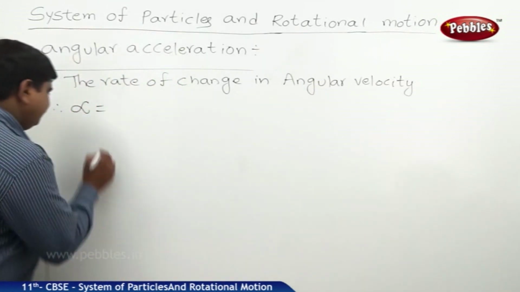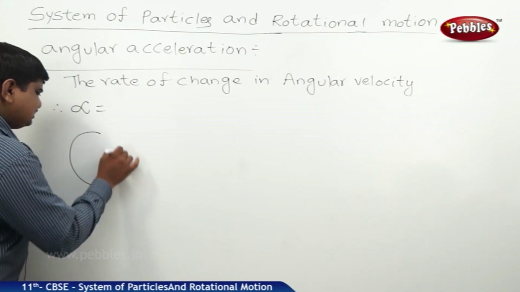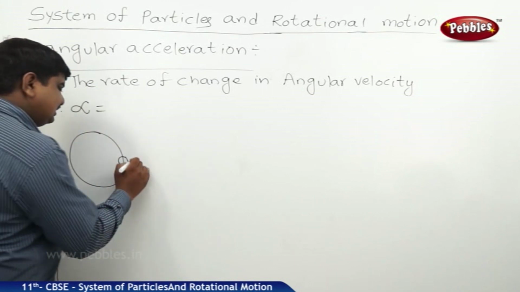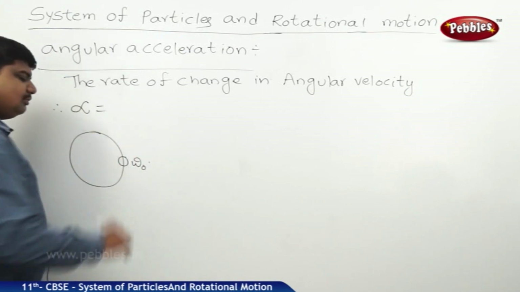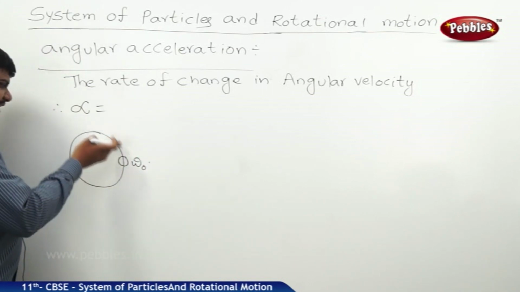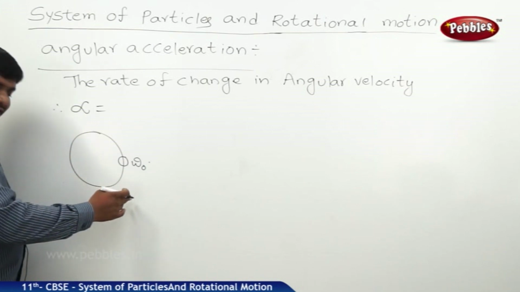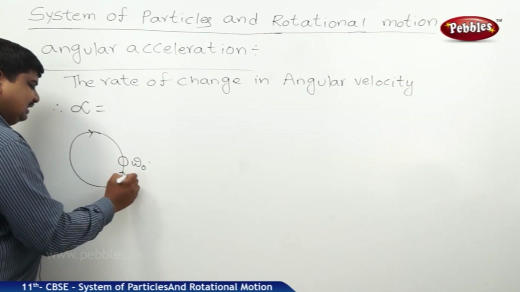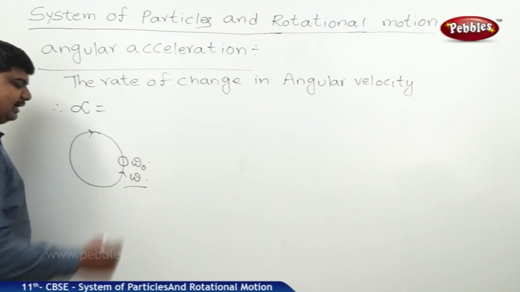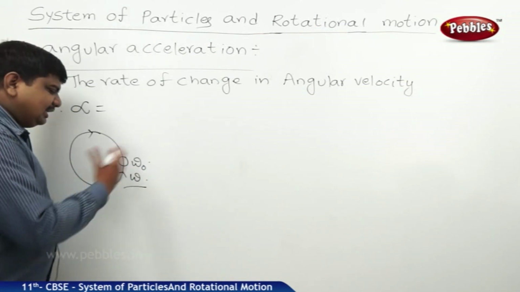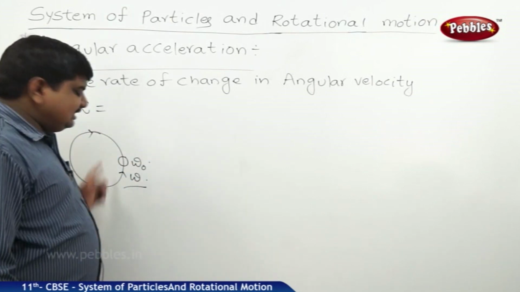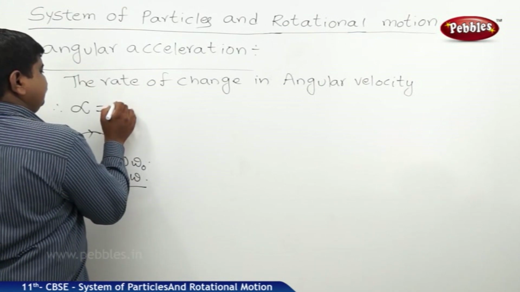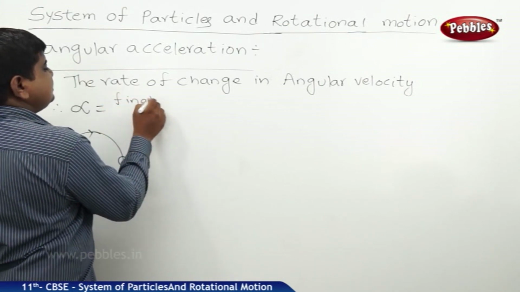Here also, if a body is executing circular motion, at the initial stage it has some angular velocity, let us suppose it is omega naught. While it is executing circular motion, for every phase, maybe for every quarter, its velocity increases and finally it reaches the velocity called omega. The time taken for this change in angular velocity is t.